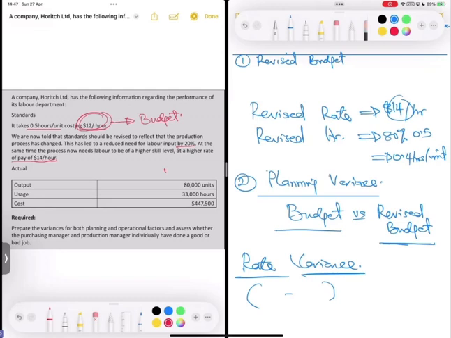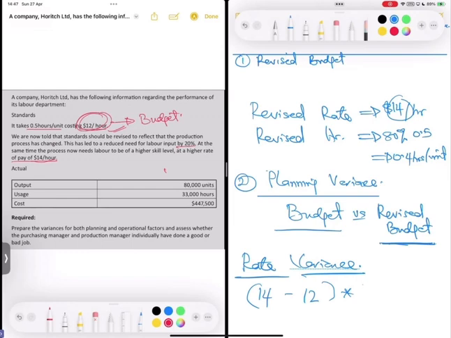So the revised is 14 and we planned 12 before, for those hours that they worked. However, remember, this is a revised budget that we are looking at as actual. So we're going to be using the revised hours, not actual hours, because in planning variance, our revised budget is, in quotes, our actual.